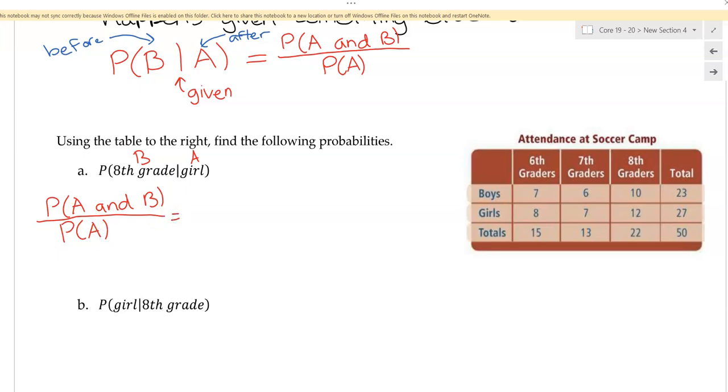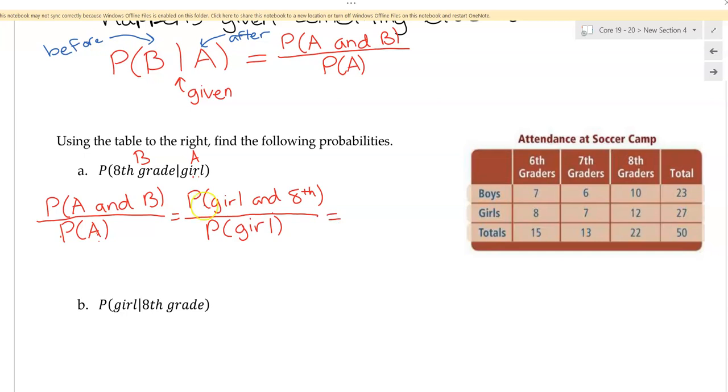which equals, well, A and B is the probability of being a girl and being in 8th grade over probability of A. Well, A is girl. I'm just going to fill in with my numbers.